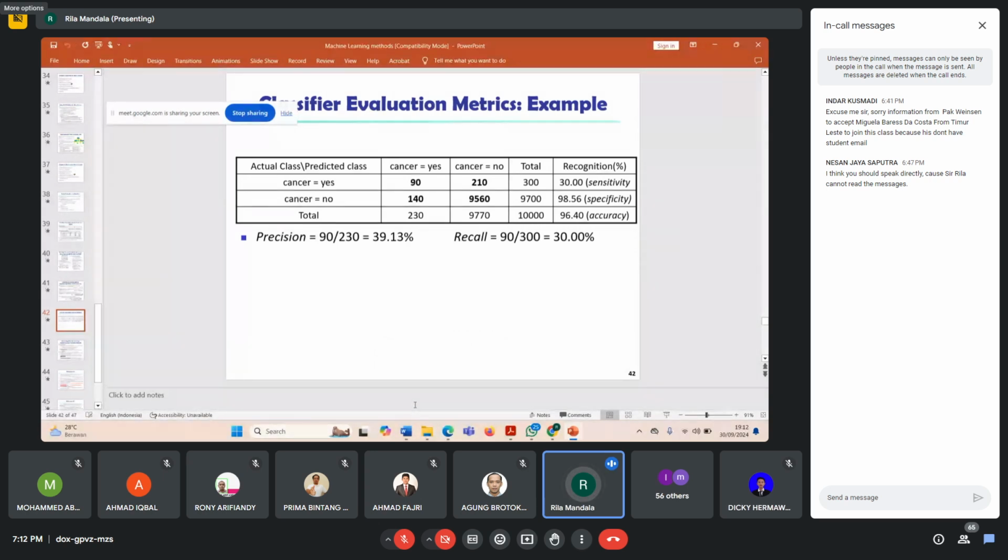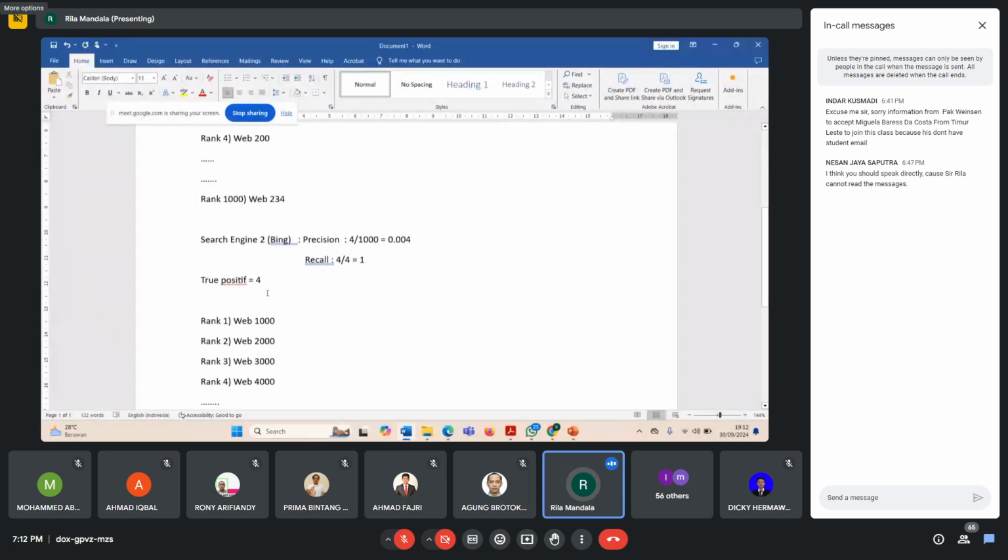Okay, so in our case, true positive is 4. Now, please find the false negative.